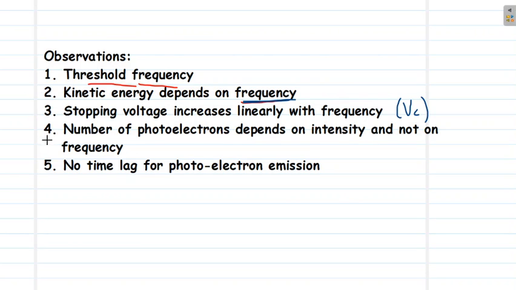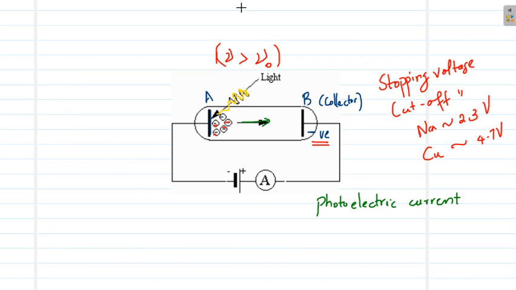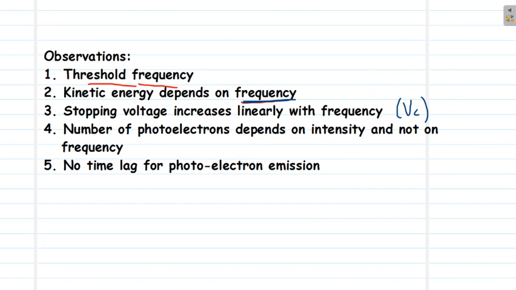And the fourth observation that was obtained by experimental analysis was that the number of photoelectrons, or the photocurrent, depends on intensity and not on frequency. That means even if you increase the frequency, the kinetic energy of the electrons and the stopping potential will increase, but the photocurrent will not increase; it increases only if you increase the intensity.